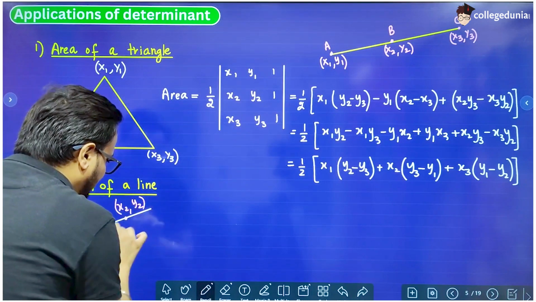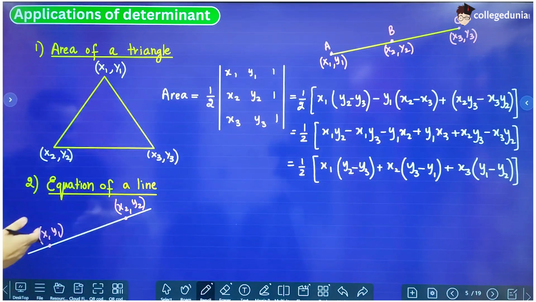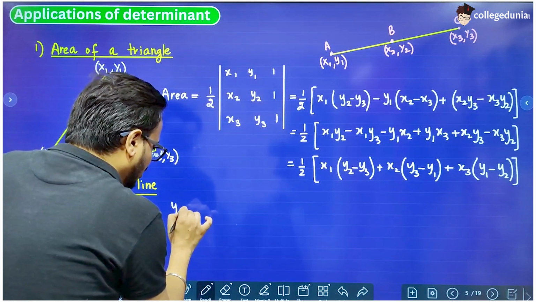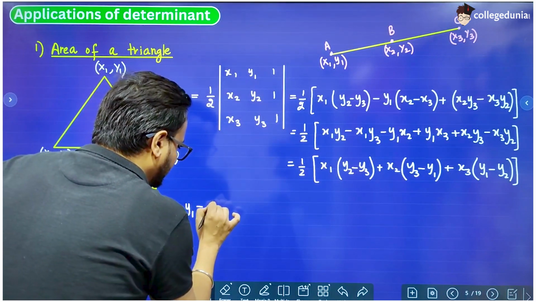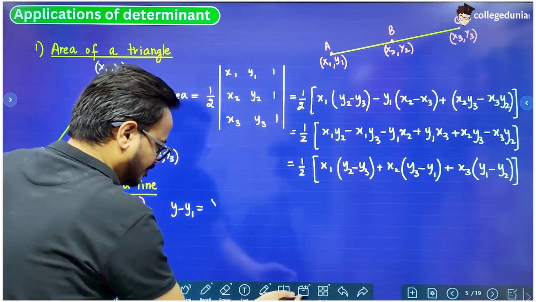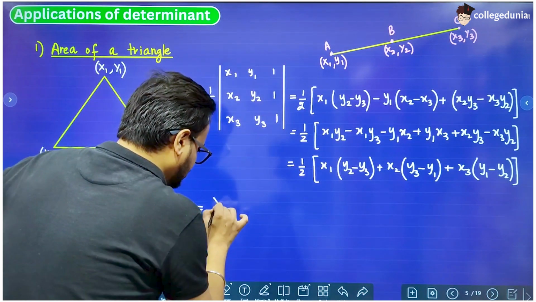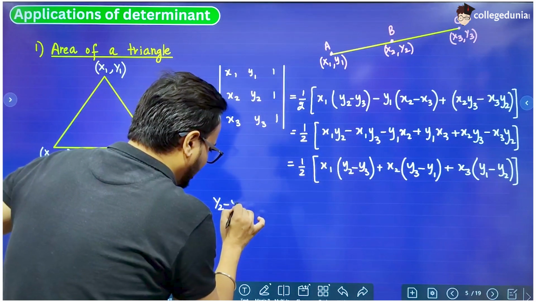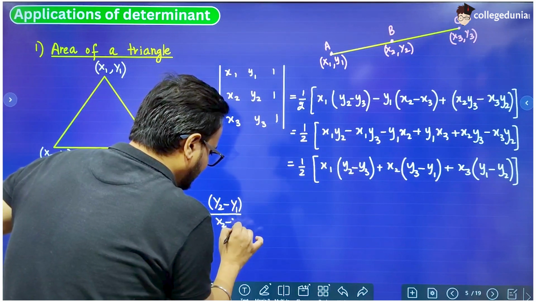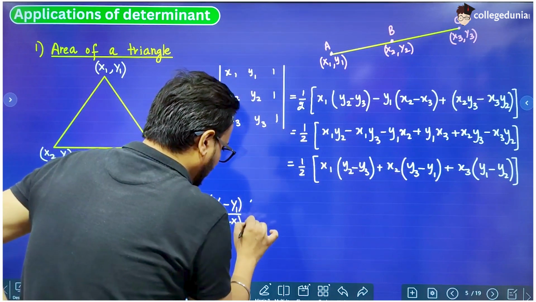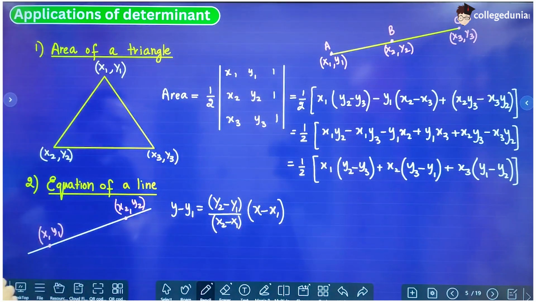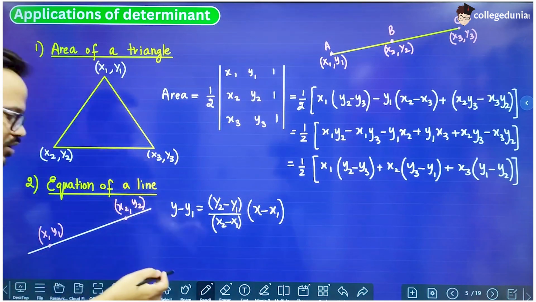In the straight lines chapter in class 11th, you have studied that the equation of a line passing through 2 points is y minus y1 equal to slope, where slope is y2 minus y1 divided by x2 minus x1, into x minus x1, right? This is the equation we all know.